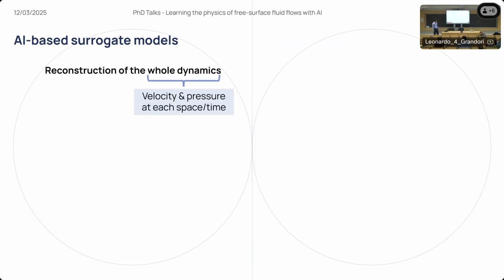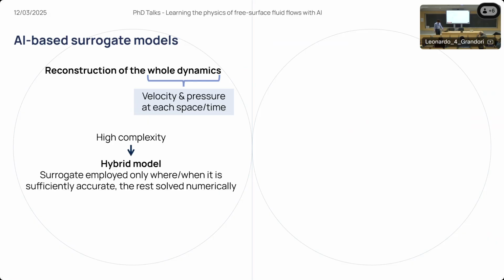On one side, we can reconstruct the whole dynamics of the problem. For us, it means to reconstruct the velocity and pressure fields at each time step. This is, of course, a really complex task for a machine learning algorithm because it means to learn the mapping between infinite dimensional spaces.